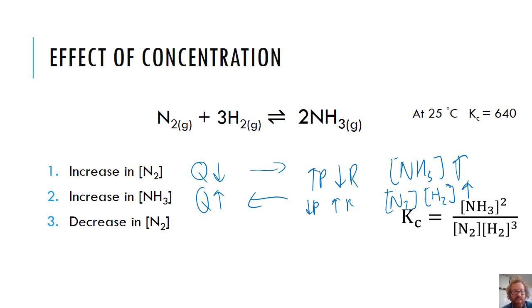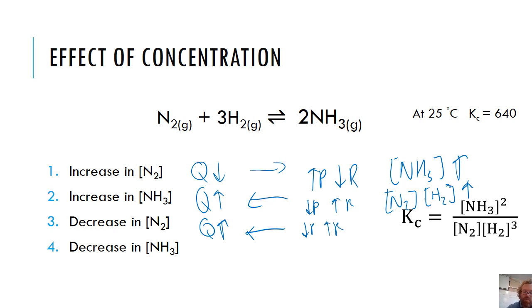If we decrease the concentration of nitrogen, well, that would result in Q being higher because I'm removing some of the reactants. Again, the reaction will shift to undo that, replacing the reactants by decreasing products and increasing reactants, shifting towards the left.